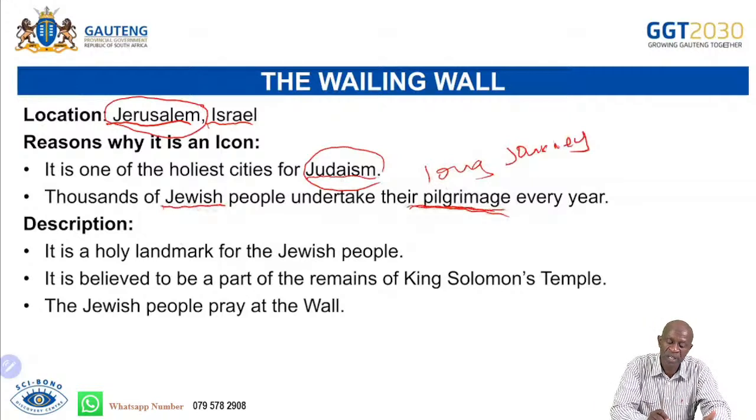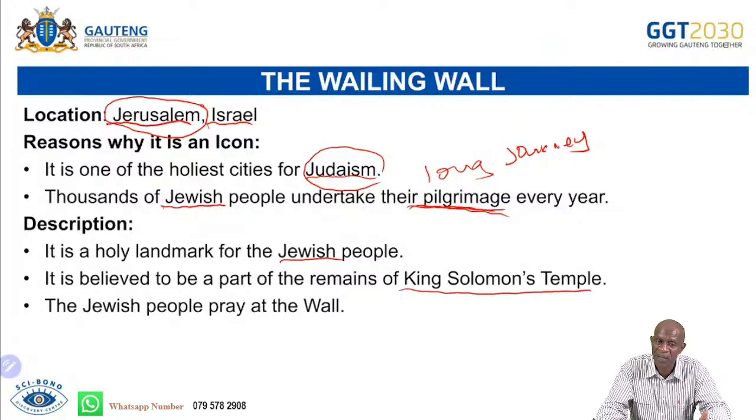So here we are told thousands of Jewish people will undertake their pilgrimage at a certain period of the year to visit the Wailing Wall. So if you are asked to describe the Wailing Wall, it is a holy landmark for Jewish people. It repeats itself here. It is believed to be part of the remains of King Solomon's temple. So this is one other unique feature.